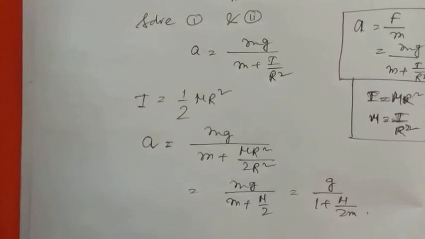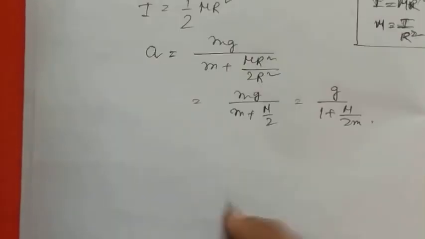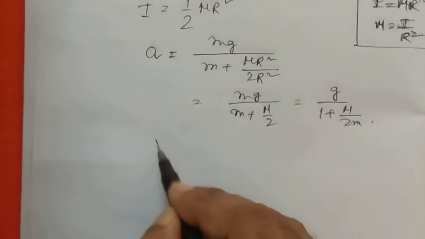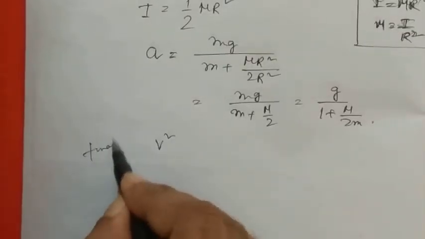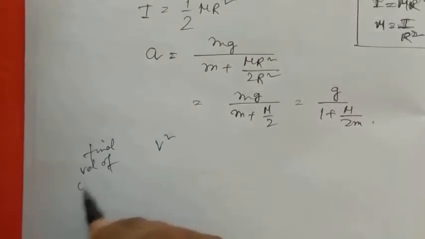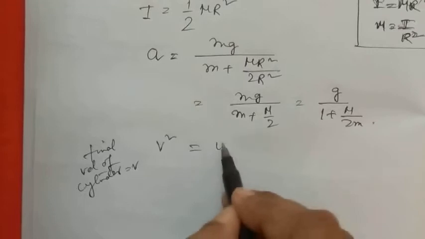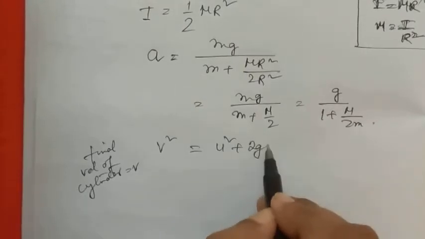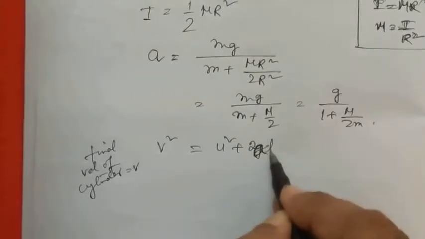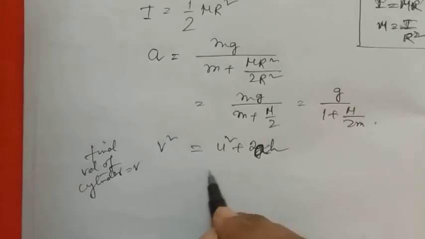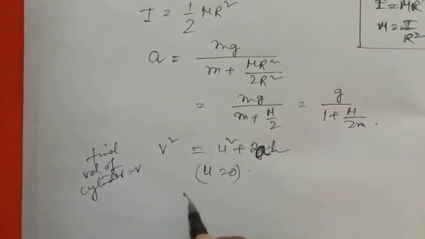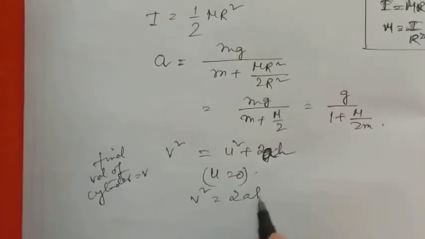They have asked us to find the speed or the angular velocity of the cylinder. Now the starting velocity of the cylinder was 0, so we can write the final velocity of the cylinder equal to v. So the equation: v square is equal to u square plus 2ah, not gh. U is 0, so v square is equal to 2ah.